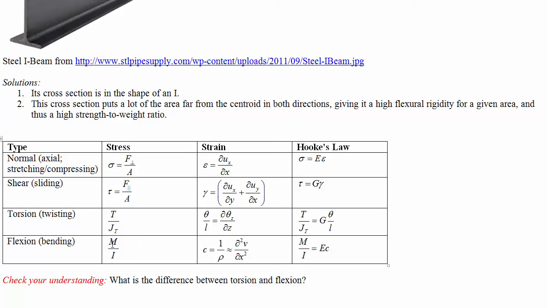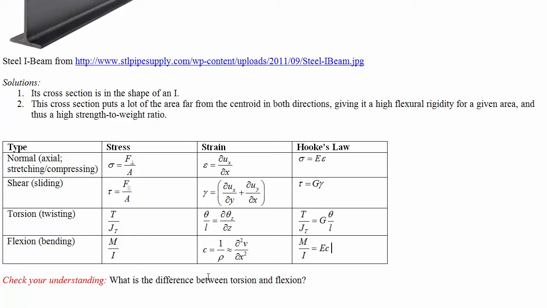The stress is kind of like the moment distributed over that surface, so maybe moment divided by the second moment of area. The strain you could call the curvature that results, which we'll see shortly is proportional to the second derivative of the transverse displacement with respect to length. And the Hooke's law for that would be that the stress, the moment over I, is equal to E times C.